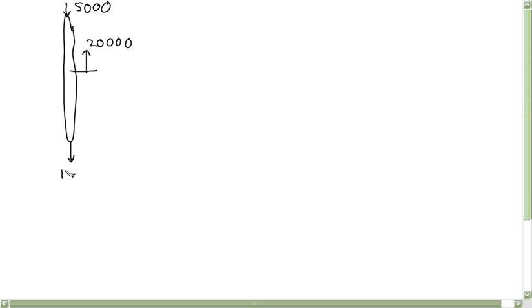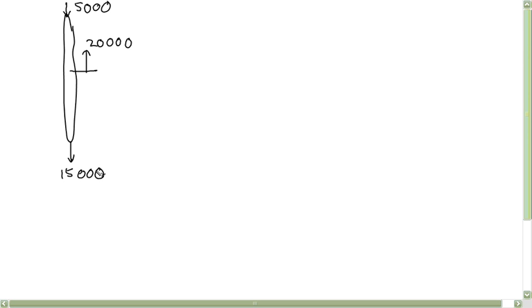I guess I didn't write down what the force vectors are, but I wrote it down in terms of the external forces. So on member 1, you have a 5,000 Newton force acting down. You have a 20,000 Newton force up and a 15,000 Newton force down.